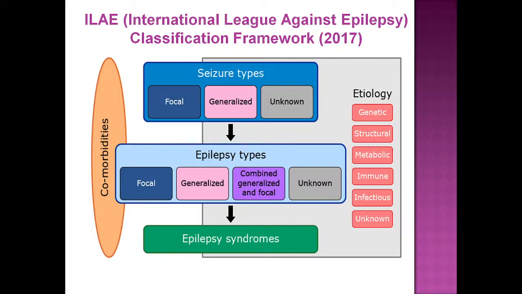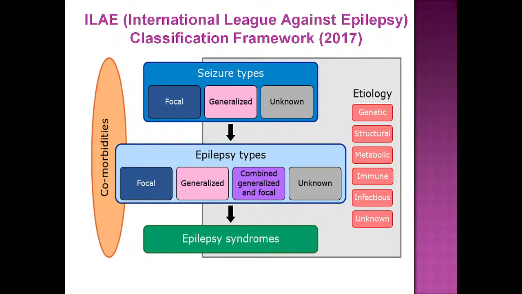The 2 main types of seizures and accordingly the 2 main types of epilepsies are focal and generalized. Those which cannot be put in either category are unknown, when we don't have a good history or a verifiable history. According to the type of seizures being suffered by the individual, recurrent seizures, the epilepsy could also be focal, generalized, or there could be a combination of both generalized and focal.